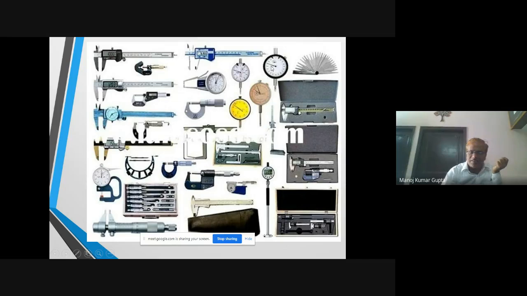These are the dial gauges. They have a probe at the bottom. We can measure deflection. Sometimes we have to measure deflection, so we can measure it with the help of dial gauges. This is the feeler gauge. Sometimes we have to measure the gap between two mating parts.